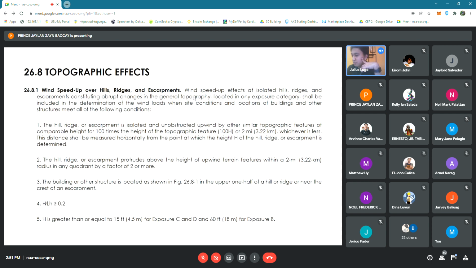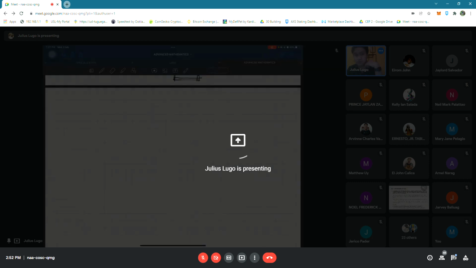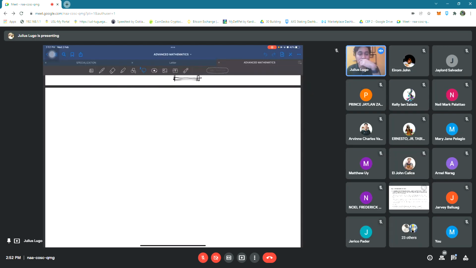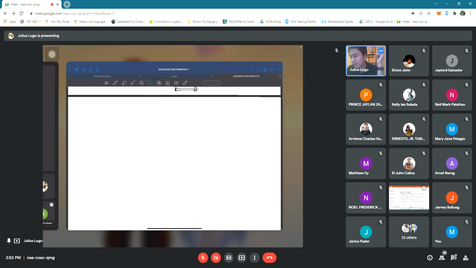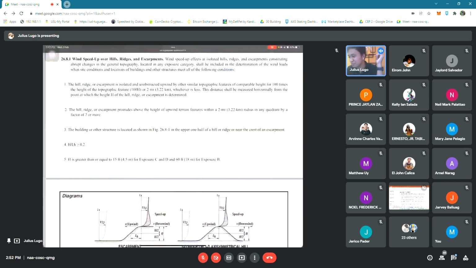Okay. Saan na ba yung natin? Google Meet. Ayan. I am now sharing my screen. Okay. So, ito yun. Wait. Basahin ko nga ulit yung provision. Okay, the hill, ridge, or escarpment is isolated and unobstructed when other features of comparable height are within 100 times the height of the topographic feature, whichever is less, measured from the point at which the height is determined.